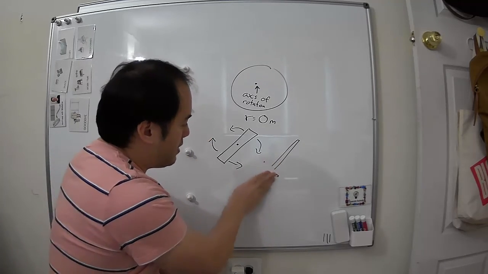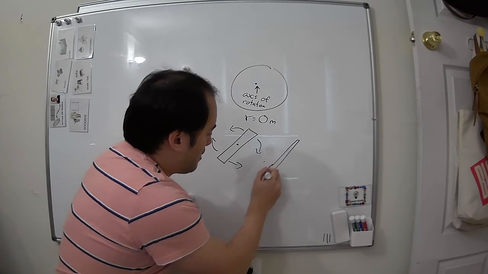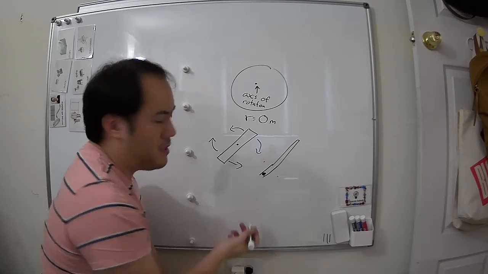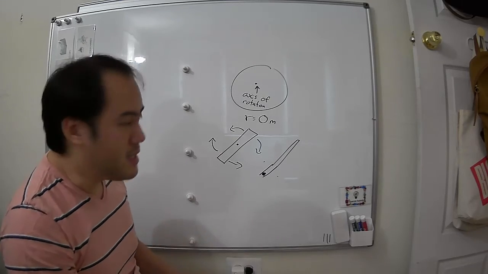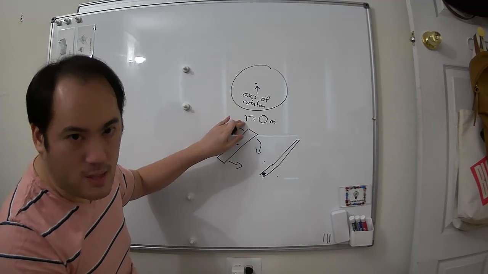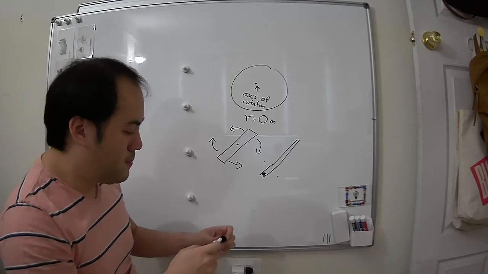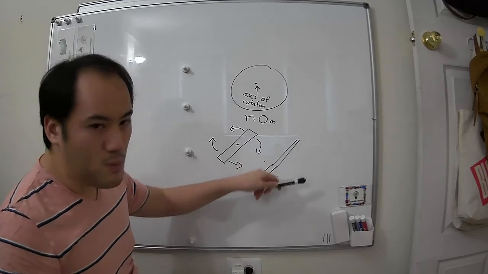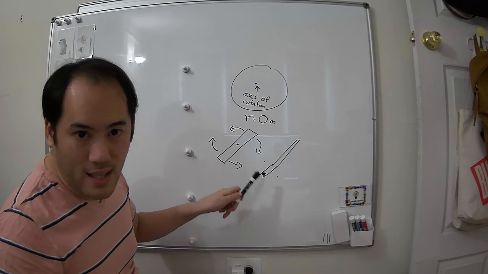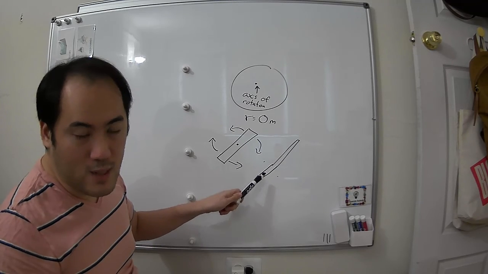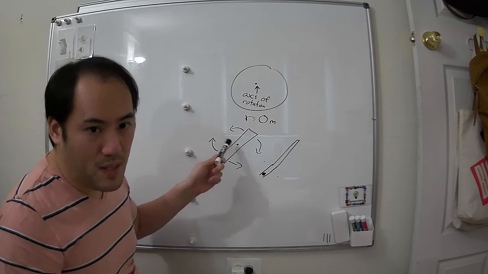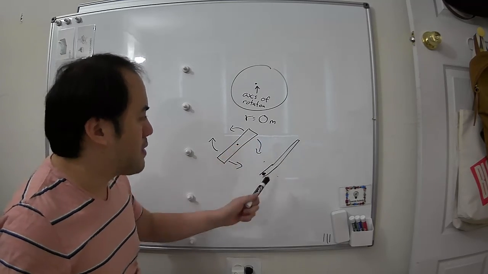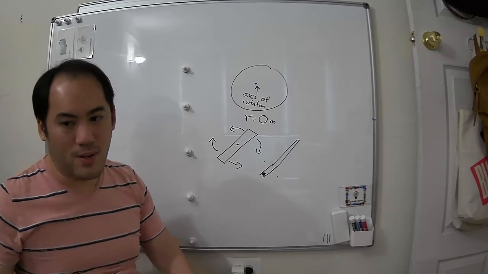So for a sword, the axis of rotation is on the end, and that's fine too. All that matters is the axis of rotation is where you say r equals 0. So depending on the object, you gotta read the problem. If it swings around a fixed end, that's the axis of rotation. If it swings around a fixed center, that's the axis of rotation. It doesn't really matter where, as long as r equals 0. It could be in some random place in the middle. No one knows for sure.